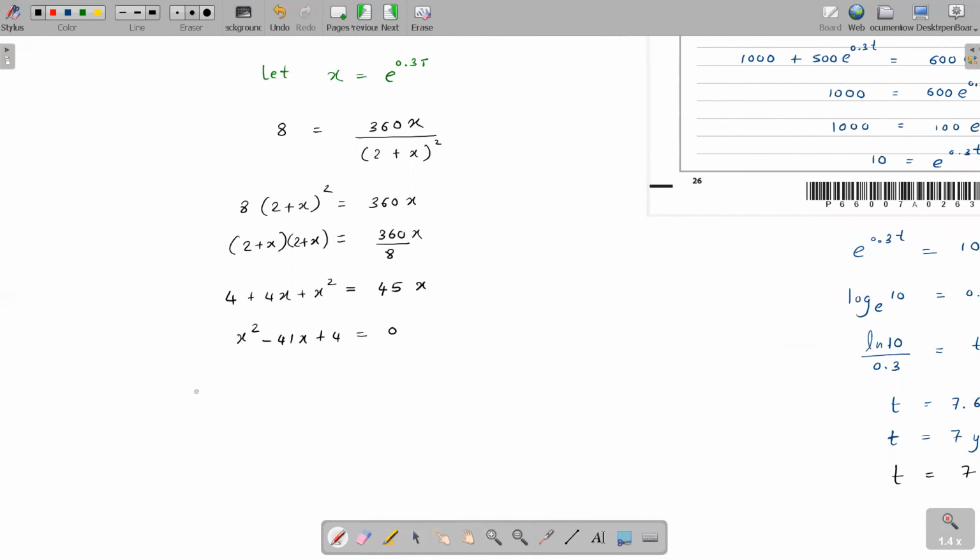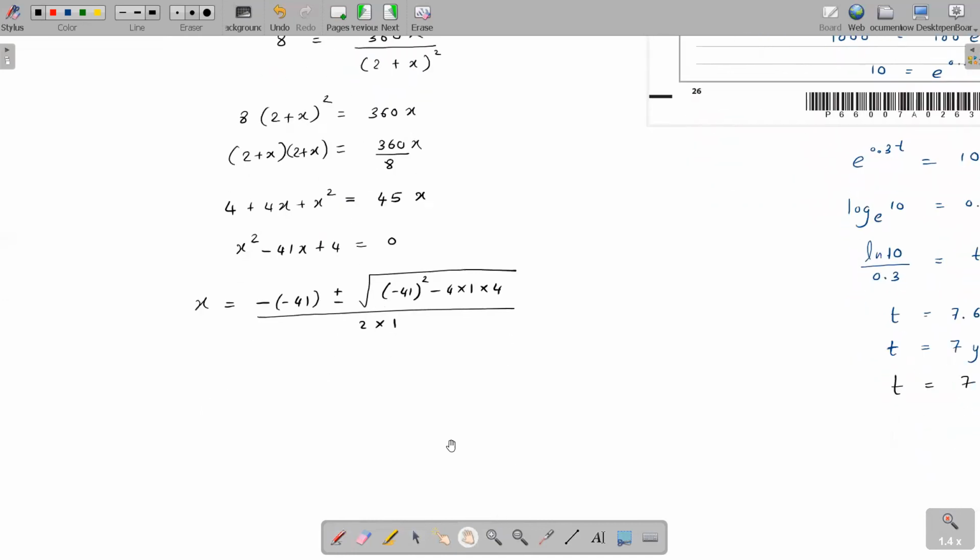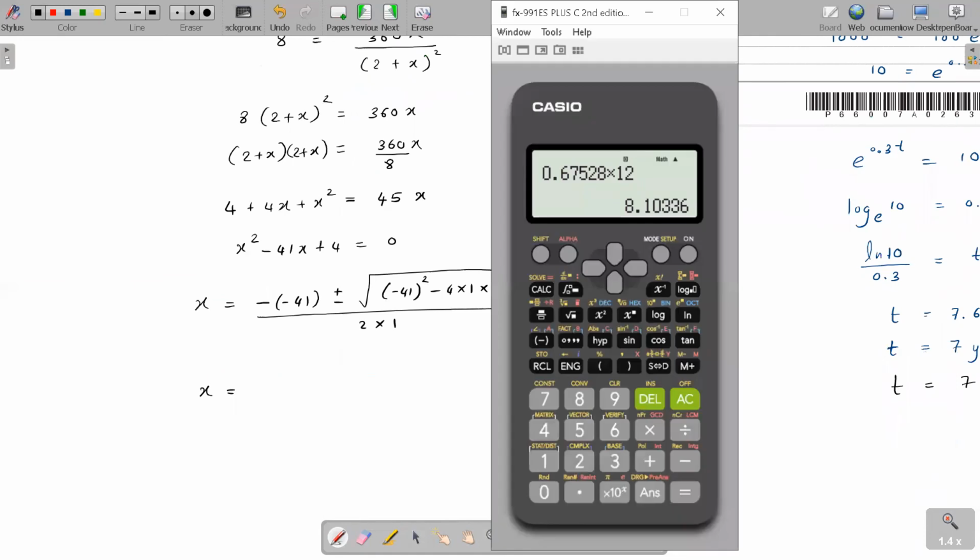So let's solve it. x equals minus b plus or minus square root of b squared minus 4ac, divided by 2a. I'm showing the method, so I substitute into the quadratic formula, and then we can just write the answer. In equation number 3, a is 1, b is minus 41, c is 4. We end up getting some really big answers here.